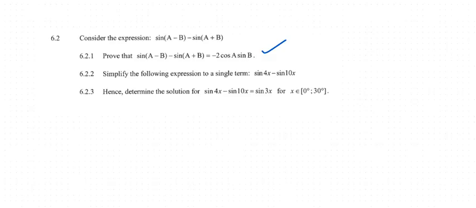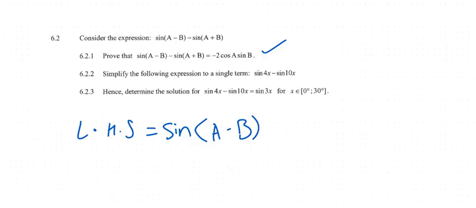Okay, so writing the left hand side, what is the left hand side? We have sine (A minus B) minus sine (A plus B). Okay, so I'm just going to simplify the equation.